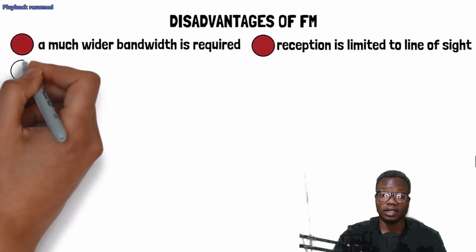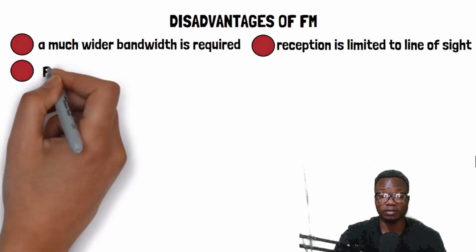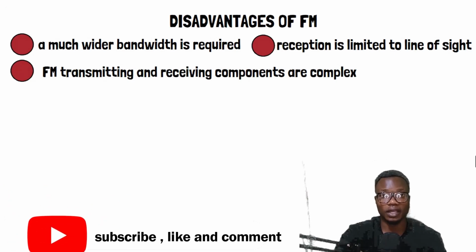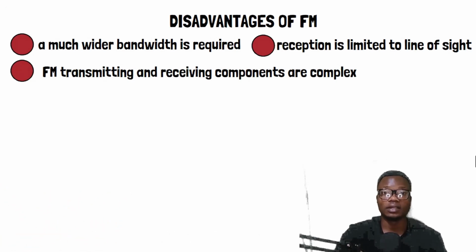Another disadvantage is that FM transmission and receiving components are very complex. The equipment involved in receiving and transmitting information in frequency modulation is very complex. So setting up the equipment, and sometimes buying it, can be very expensive. This is a disadvantage of using frequency modulation.